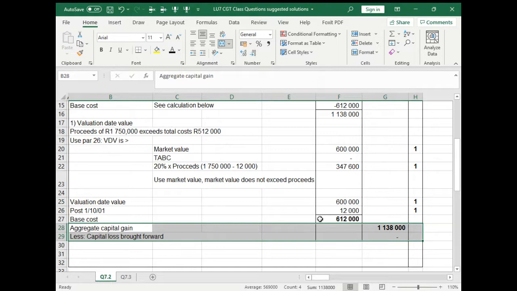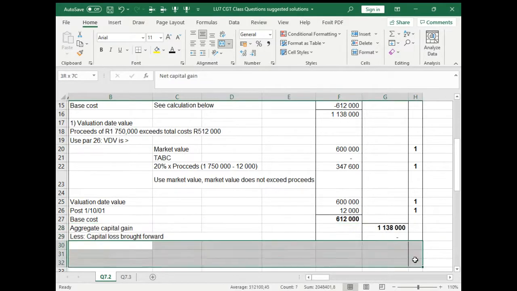So that means that 1.138 million is applied here. And then 80% of that is included in your taxable income, which gives you a value of, just see, 910,400. Okay, and this is included in your taxable income calculation.